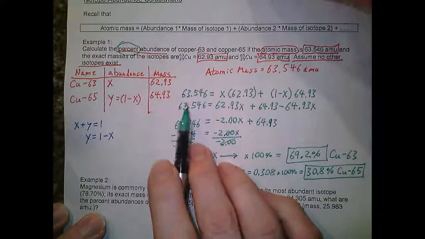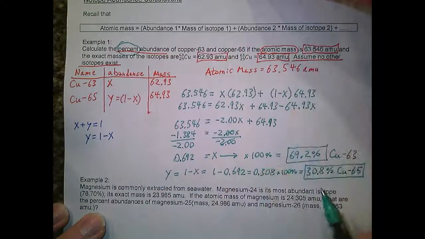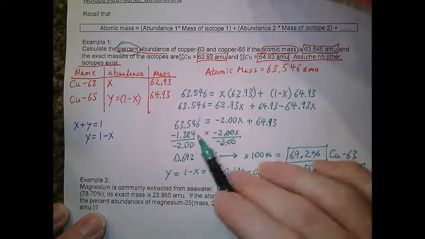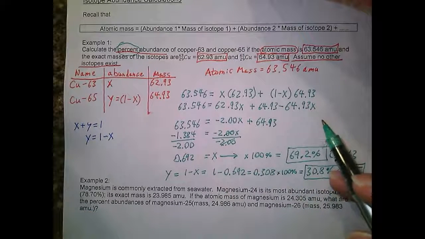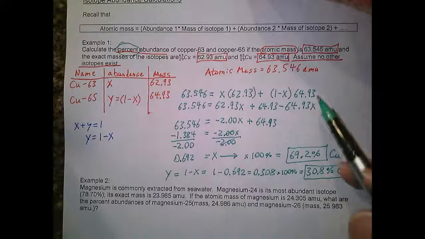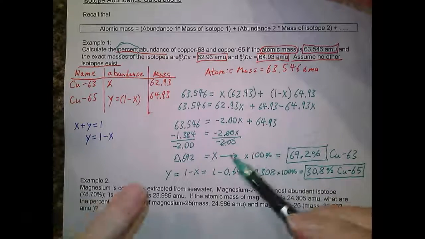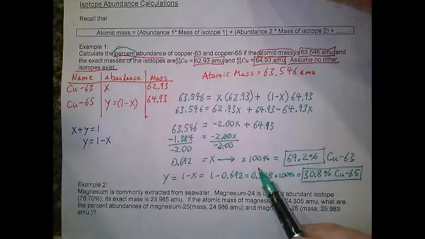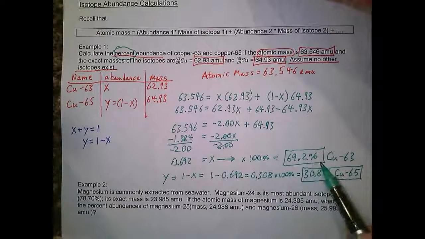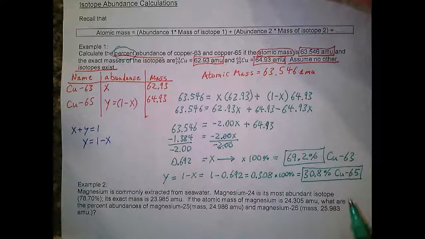Then you set it up in our equation. Atomic mass equals abundance 1 times mass 1 plus abundance 2 times mass 2, and so on. Then we distributed, then combined like terms. Then divided, solve for X, turn it into a percent, solve for Y, and turn that into a percent.